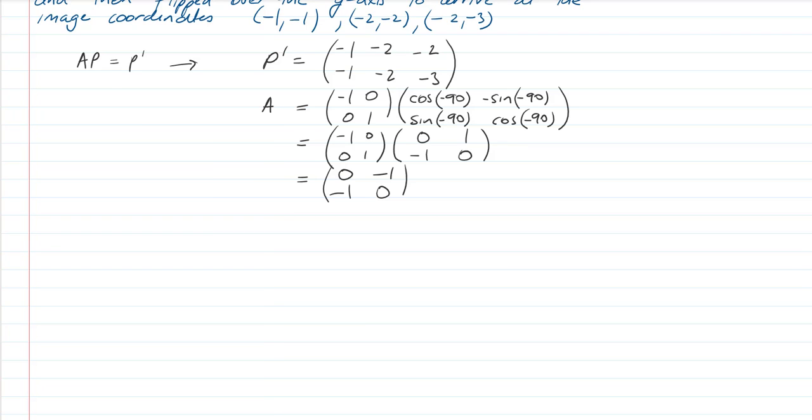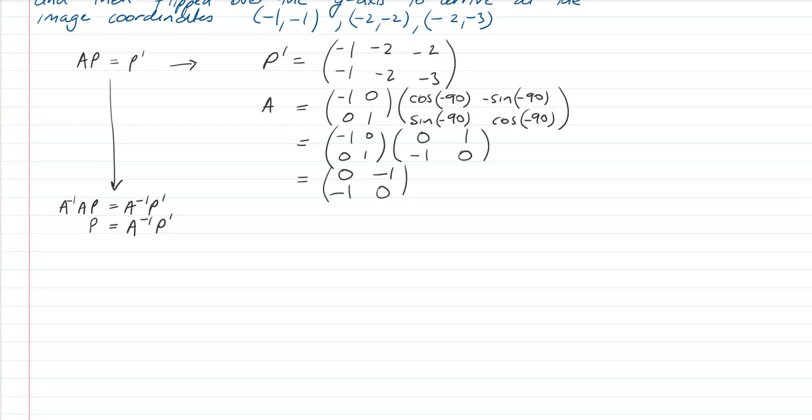And I'll just scroll this down to here. AP equals P dash, which leads to A inverse AP equals A inverse P dash, and A inverse A is the identity, so therefore P is equal to A inverse P dash.